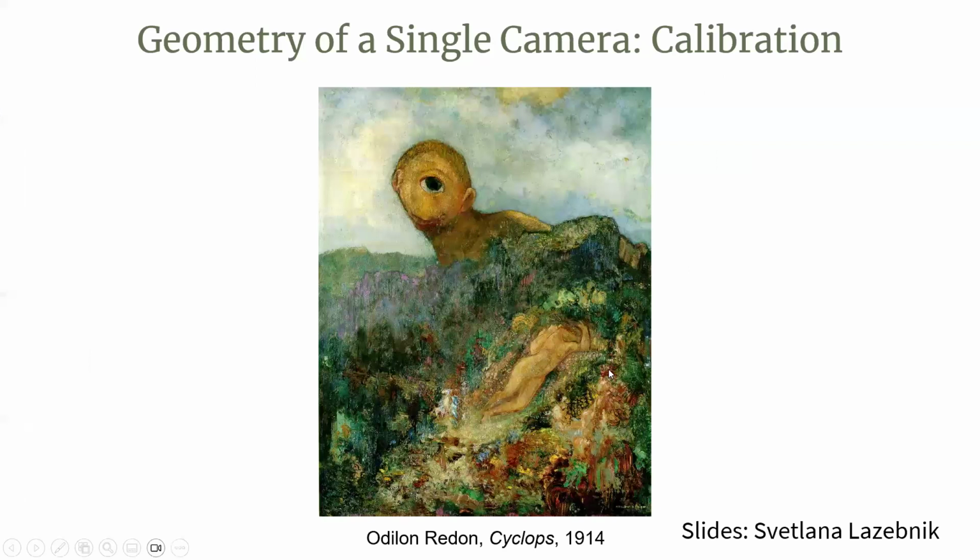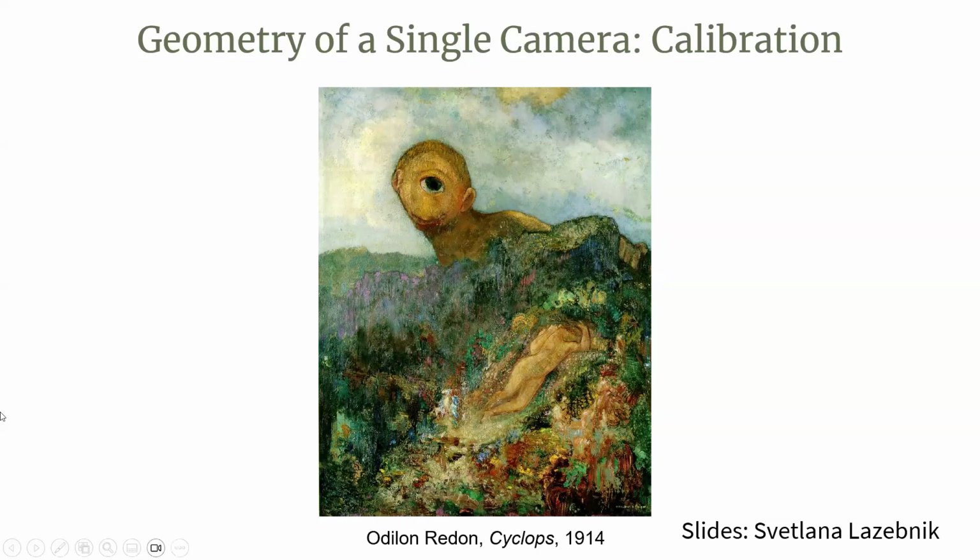Now let's look at the geometry of a single camera, and then we'll be able to understand the parameters of the cameras, like focal length, the principal point coordinates, camera location, camera pose, how to estimate them and how they affect image making.